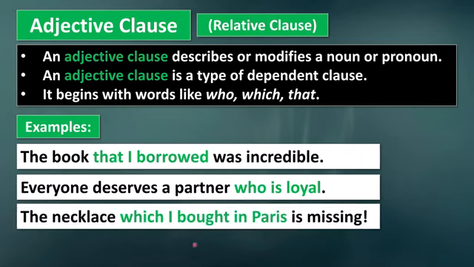The necklace which I bought in Paris is missing. This relative clause or adjective clause is giving us more information about the necklace. So relative clauses describe a noun and they answer questions like which one or what kind. They give us more information about a person, place, or thing.